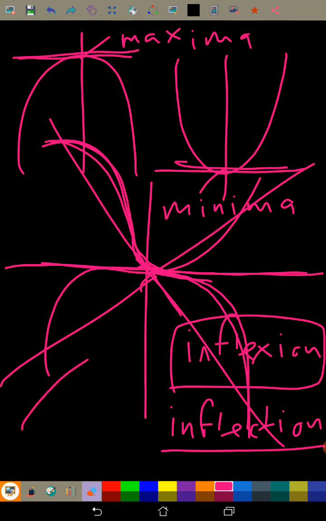A decreasing acceleration, an increasing acceleration, a decreasing deceleration, and an increasing deceleration. So these are terms that might be used in physics, for example.